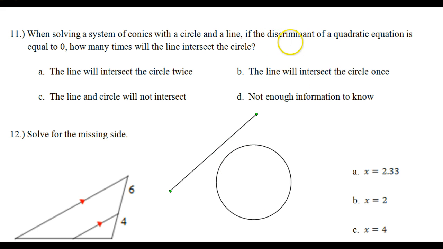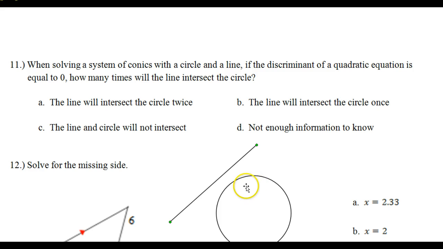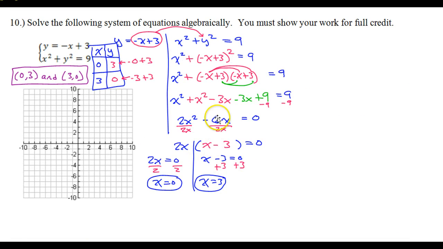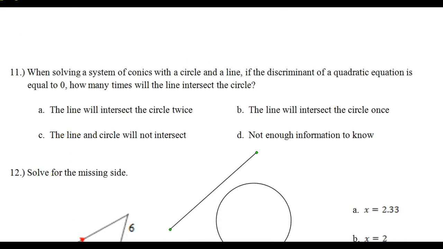Okay, so they're talking about this word discriminant. Well, sometimes we come up with an equation and we could use the quadratic formula to solve it. We didn't have to do that on problem number 10 because we were able to just factor out the GCF. But sometimes we get something more interesting than that. Sometimes, I'm just going to make this up off the top of my head.